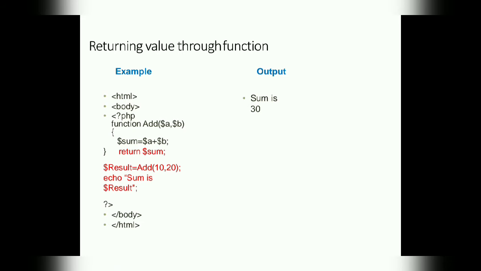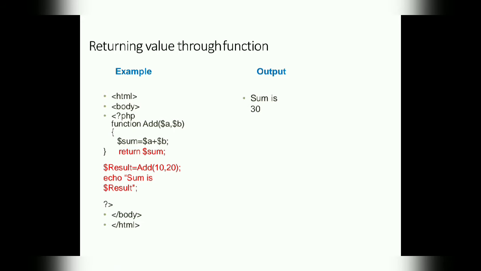Okay, and echo sum is $result. That means the addition of a and b that was stored in sum is given to the variable result. Okay, so the output is again sum is, and it will return the value 30.